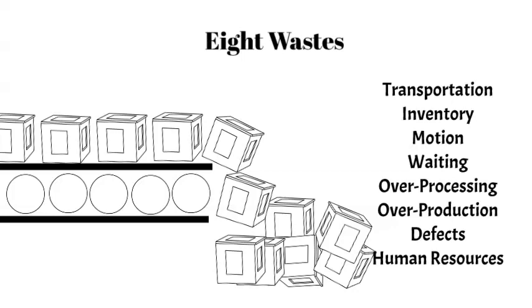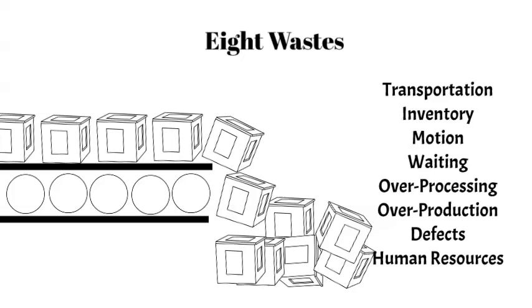Transportation logistics, too much movement of people and items. Inventory, too much or too little inventory. Motion, the unnecessary movement that adds little or no value to the outcome. Waiting, idle work or staff that adds little or no value, such as idle time between operations.